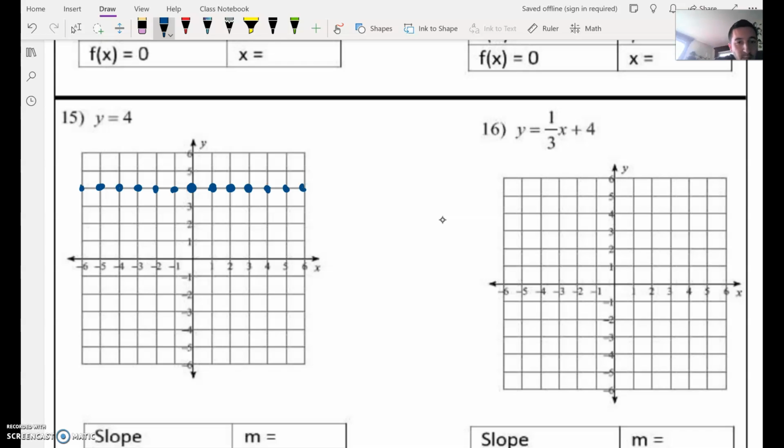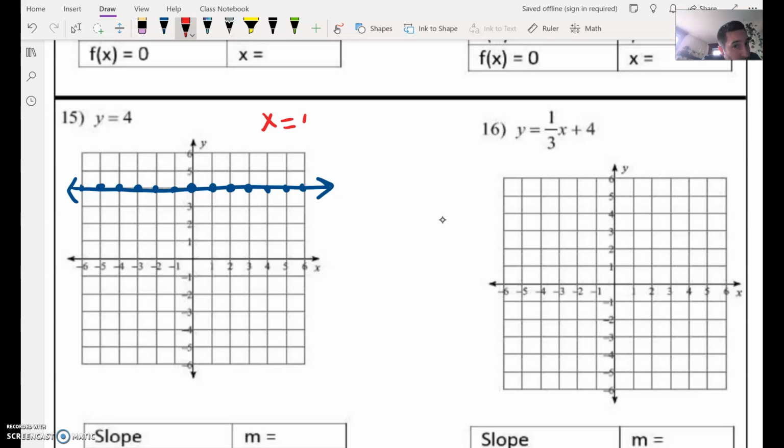And I think you can see what type of line that creates, right? It's a horizontal line. If you ever see y equals and then a number, it's a horizontal line. For example, if it was y equals -1, I would go down to -1 and I would draw this line. Okay? So y equals equations are horizontal.